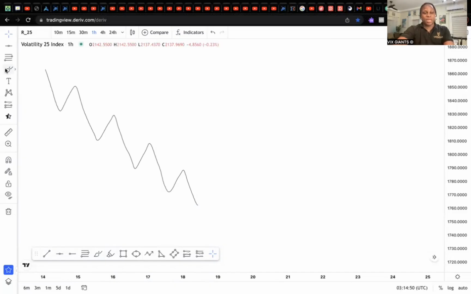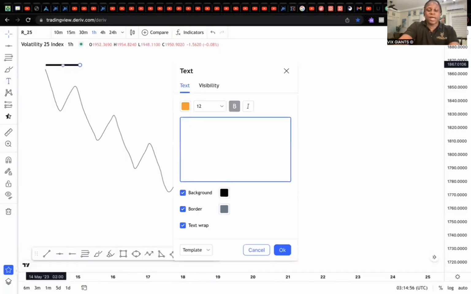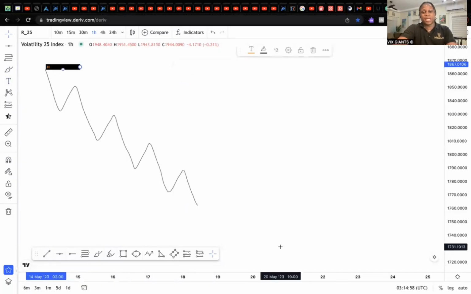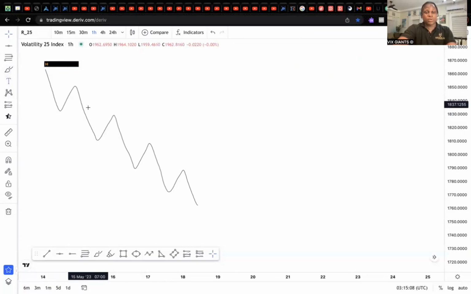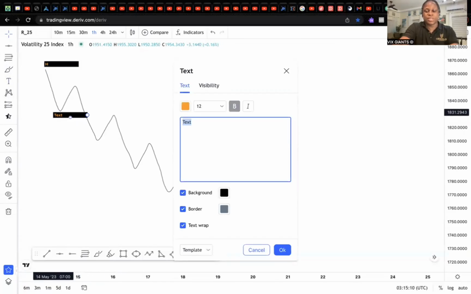Which would have made this point, if we start from up here, this would have been the high. So we can label it as H to represent high. All right, so we move from this high point and we push down, creating this low, right? Low. So we're going to put L to represent low.